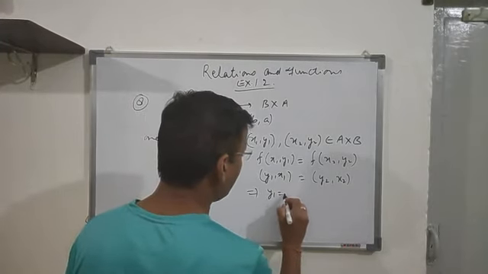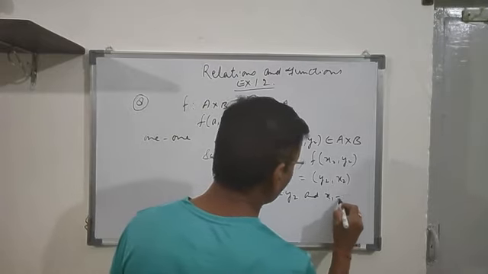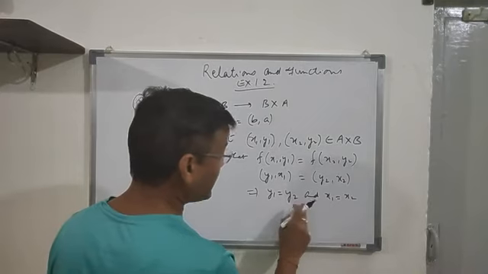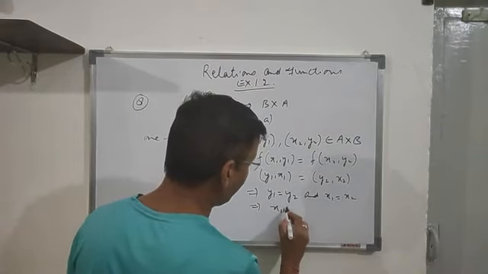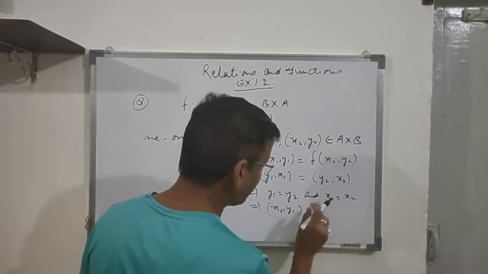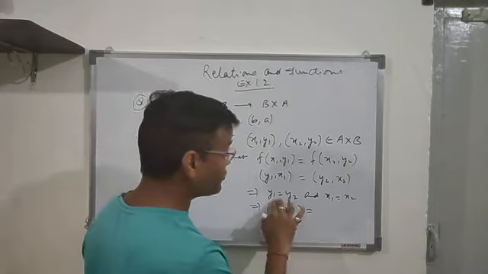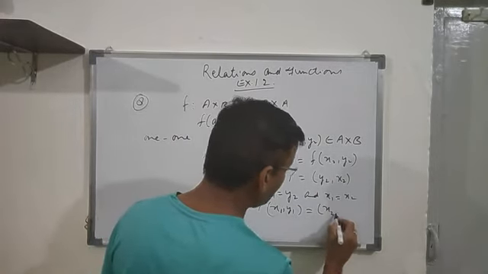That means y1 equals y2 and x1 equals x2. So this implies that x1 comma y1 equals x2 comma y2, because if two ordered pairs are equal, their respective elements must be equal, and we have shown that the respective elements are equal.